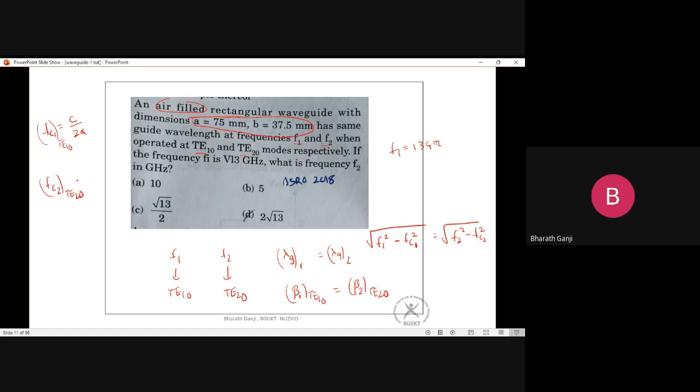So for TE20 mode the cutoff frequency will be what? c by a, right? It will be double, so you get c by a. So we have these values. You can have the value of a and we can calculate the values of the cutoff frequencies. Can you tell me what is the cutoff frequency of TE10 mode? So it is 3 into 10 to the power of 8 divided by 2 into 75 mm.